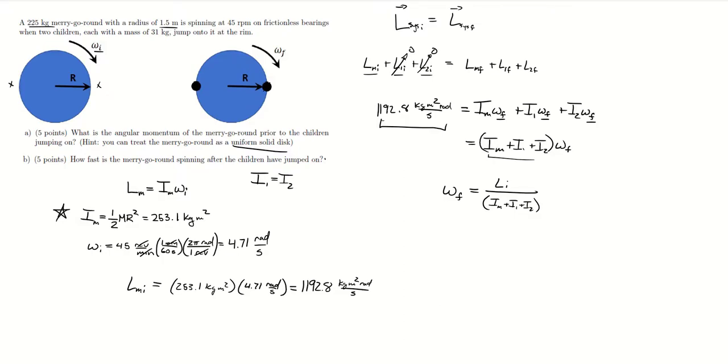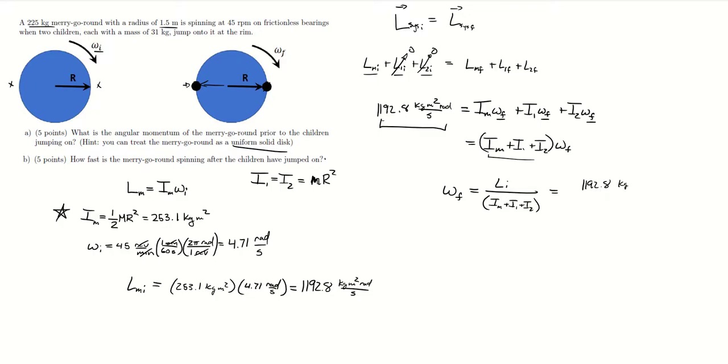They have the same mass and they're at the same radius that they're spinning around. We can treat them like point particles, so the moment of inertia is the mass of the child, we'll use the lowercase m, times the radius that they're spinning about squared. So this I1 plus I2 ends up being mr squared plus mr squared.